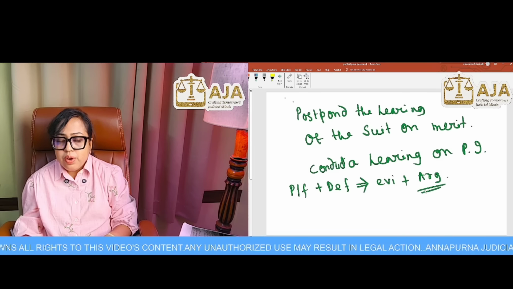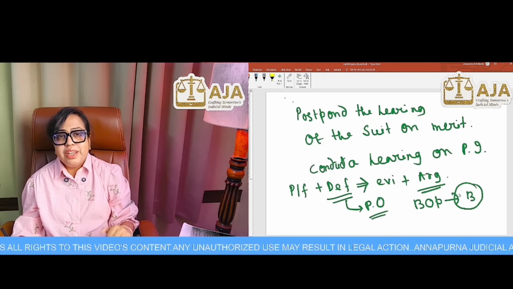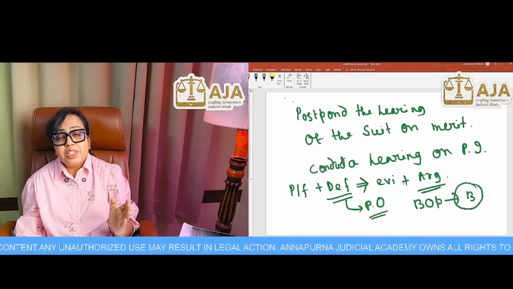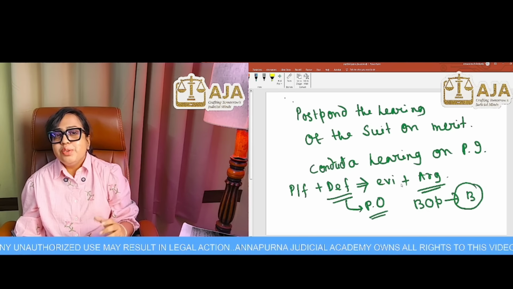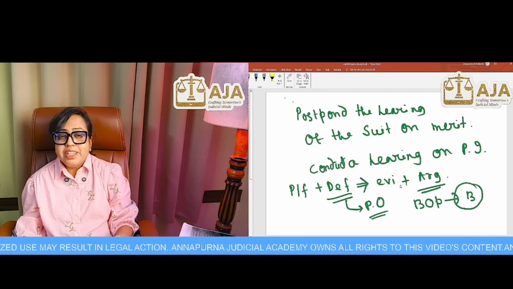So, burden of proof will lie upon B. B, that is the defendant, will prove how this court does not have the jurisdiction to try this suit, and thereafter plaintiff, that is Mr. A, will counter.